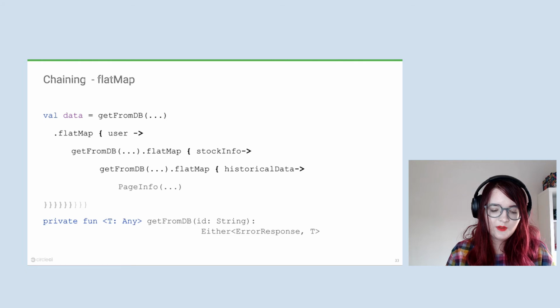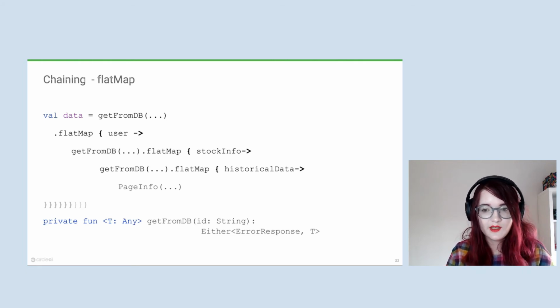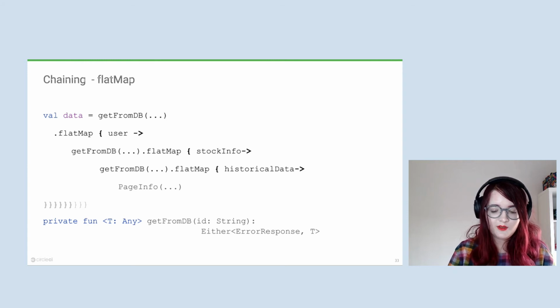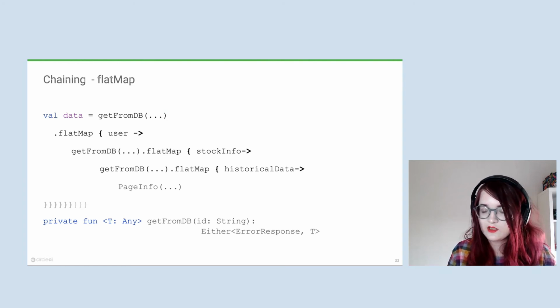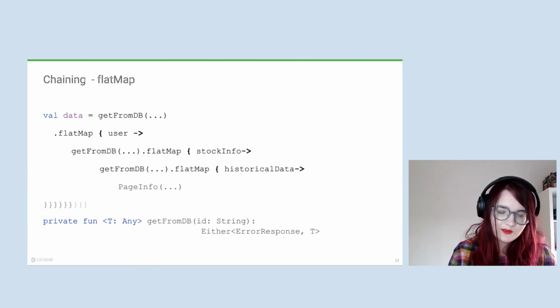Whenever something went wrong and either is left, so, in this example, you couldn't retrieve stock info, for example, all the calculations will stop. And as a final result, you will get this either left.